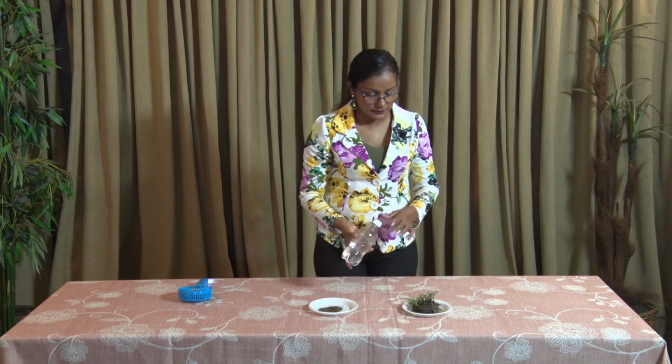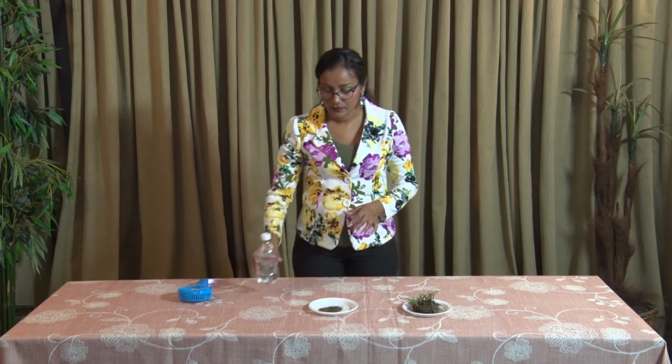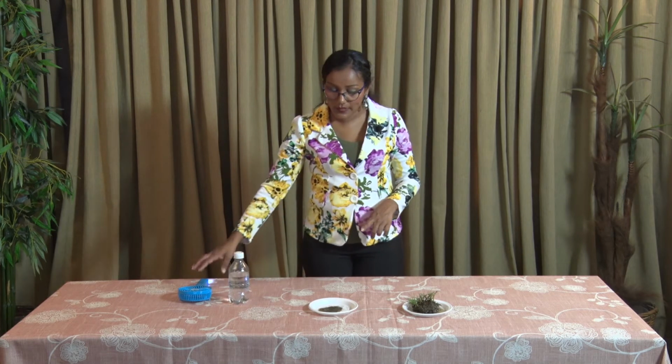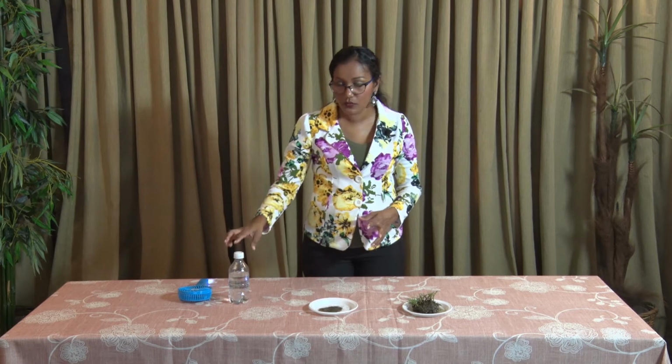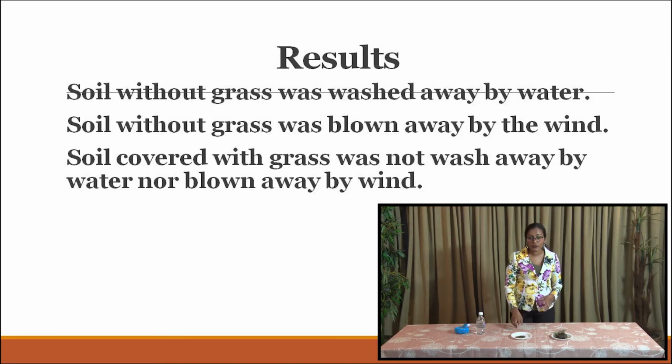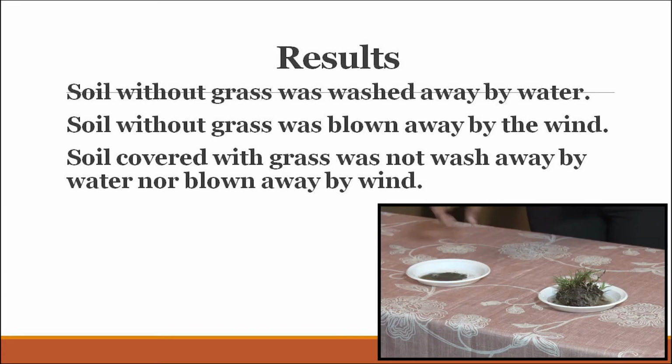There you go. Good. So we could say that the wind causes erosion to take place and also the water causes erosion to take place. So soil without grass is washed away by the water and soil without grass is blown away by the wind.